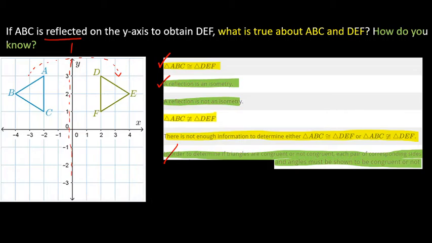This seems like a major jump because there are a bunch of nuances and small pieces that come along with this claim, but it's almost like a really brief type of proof. So yes, they are congruent because a reflection is an isometry, which preserves our angle measures and our line segment measures.